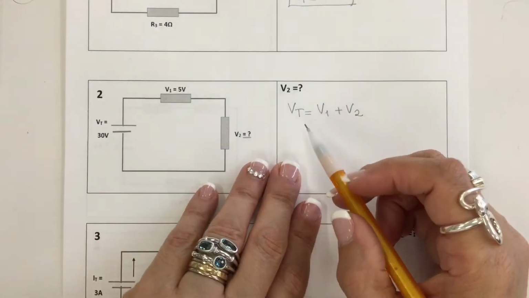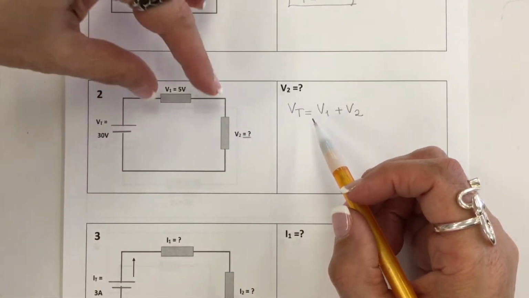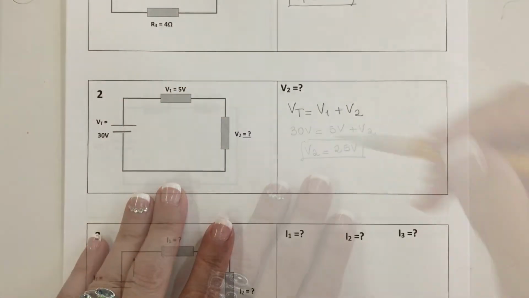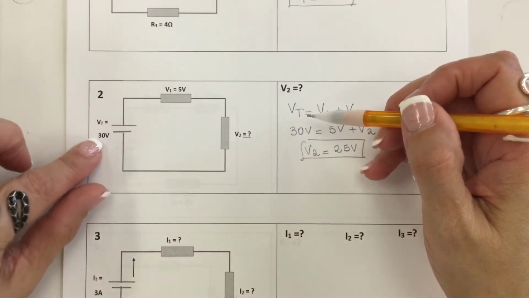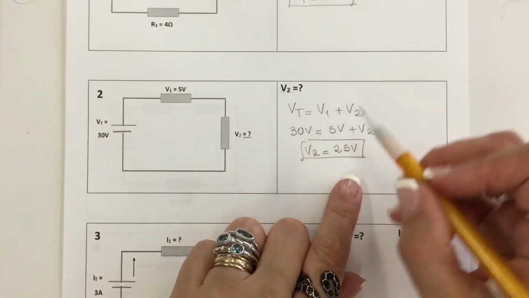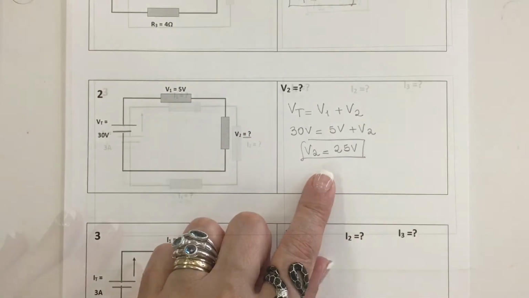For a series circuit, the total voltage is equal to the sum of the voltage drops on each resistor. The total voltage here is 30. The voltage here is 5. Therefore, the voltage on this resistor is 25 volts.